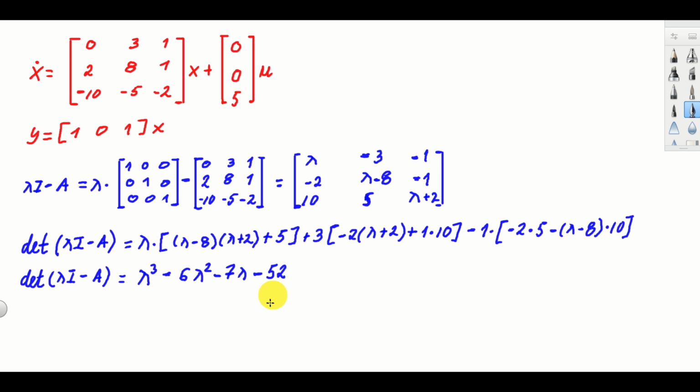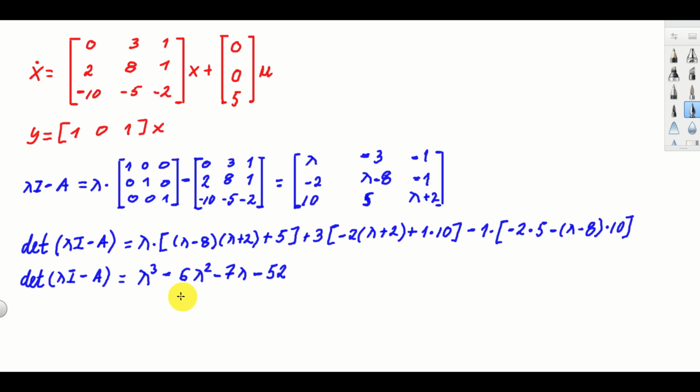Now, advanced students who took previous classes in control engineering will immediately see that the eigenvalues of this polynomial cannot have strictly negative real parts. That is, this system will not be stable, by just looking at these coefficients multiplying the corresponding powers of lambda.